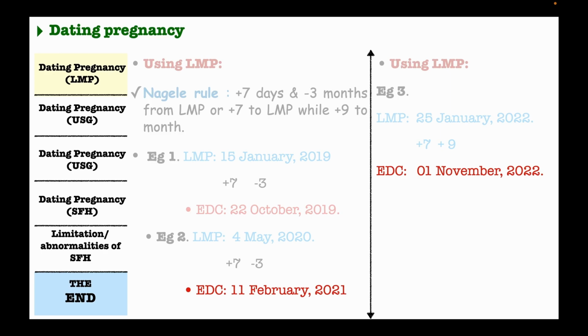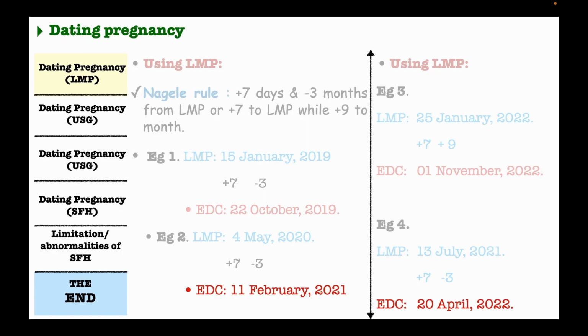Now, let's look at more examples. We are having an LMP of 13th July 2021. Now, if we add 7 and subtract 3, what we are going to get is an expected date of confinement of 20th April 2022. This is because we added 7 to 13, which gave us 20, and we subtracted 3 from the month of July, which took us back to April.